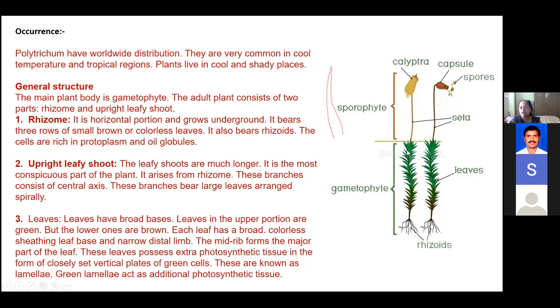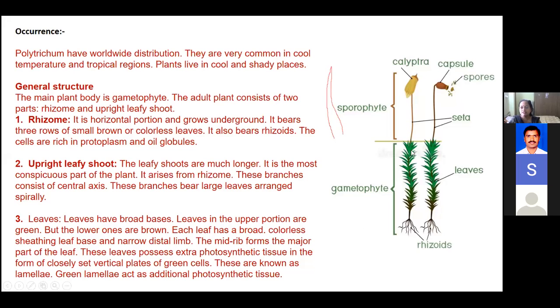So I can call this an antheridial cluster or an antheridial head. For the female, the sexual organ is the archegonia, so this cluster I call an archegonial cluster or archegonial head. That is the reason the plant body is represented as the gametophyte.